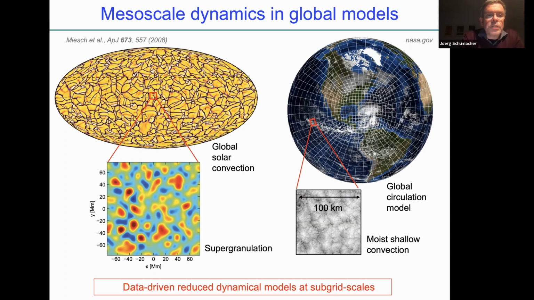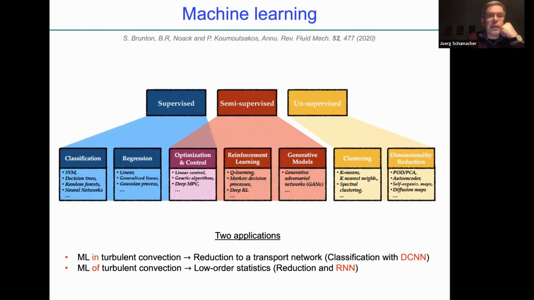As you can imagine, in such global models, exactly this information, which is falling between the grid in some sense, has to be parameterized. It has to be put into some models. And this is exactly a motivation for our work.